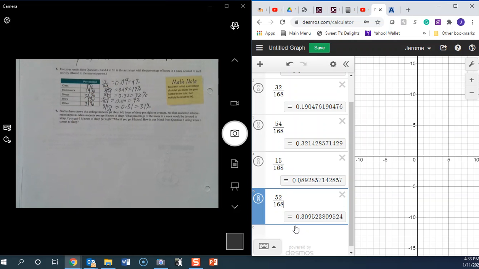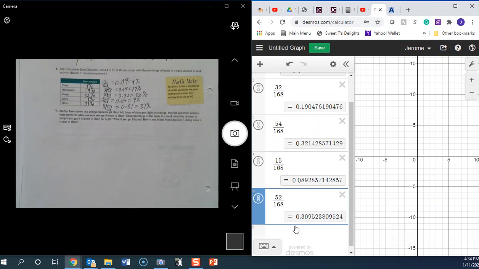Now, number 7, studies have shown that college students get about 6.5 hours of sleep per night on average, but their academic achievement improves when students average 8 hours of sleep. What percentage of the hours in a week would be devoted to sleep if you get 6.5 hours of sleep per night? What if you get 8 hours? How is our friend from question 3 doing when it comes to sleep?